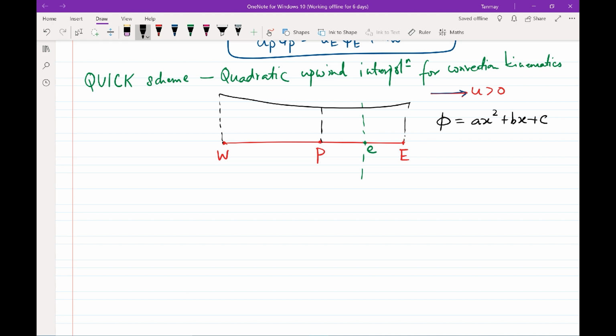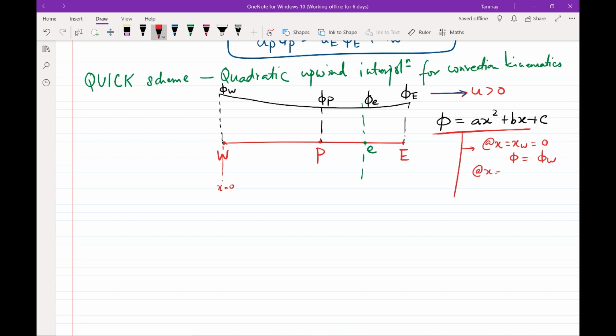So we know that this is phi capital W, this is phi capital P, this is phi capital E, and we want to evaluate what is phi at small e. So this particular quadratic form, we know that there are certain boundary conditions. We know that at x equals 0, that is x equals xw, we have phi equals phi w.